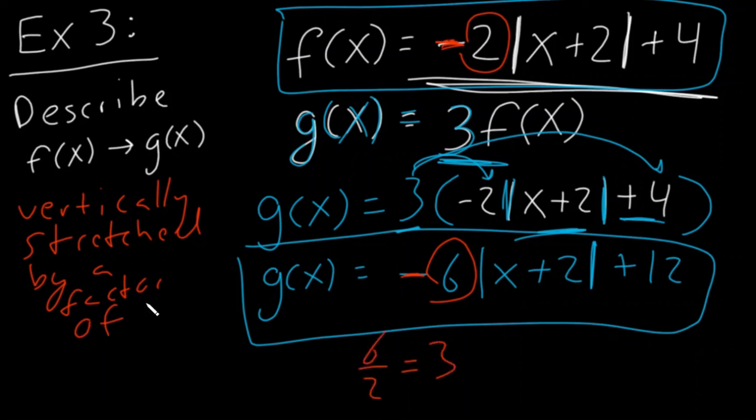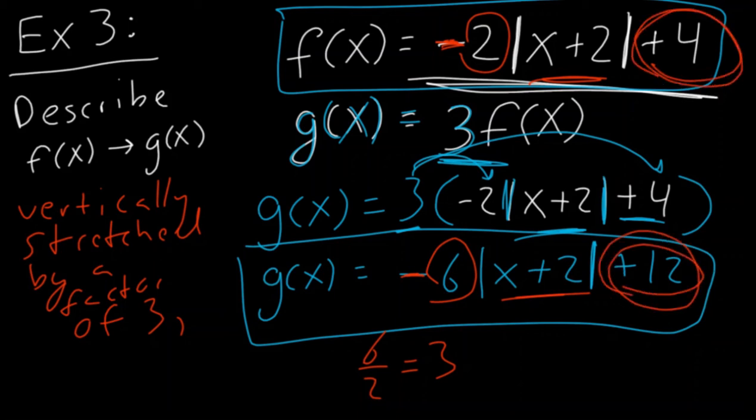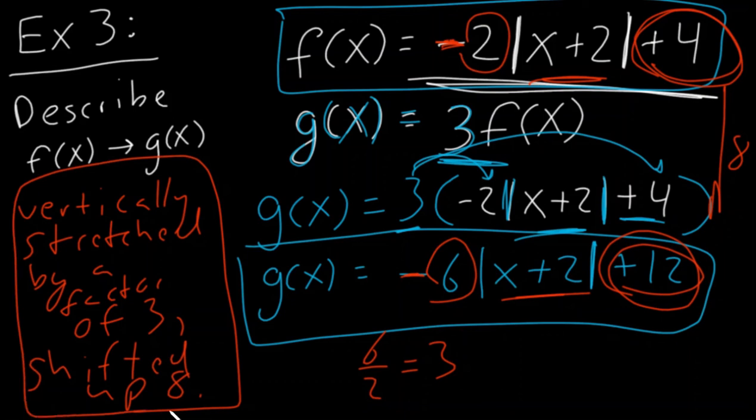Well, that would be 3, comma, because notice x plus 2 didn't change. However, we went from a positive 4 to a positive 12, and let's see, from 4 to 12, did that increase or decrease? Well, it increased, and it actually increased by a distance of 8, so it says shifted up 8. And so now in this one, we inadvertently had two transformations. It was vertically stretched by a factor of 3, and it was shifted up 8 units.